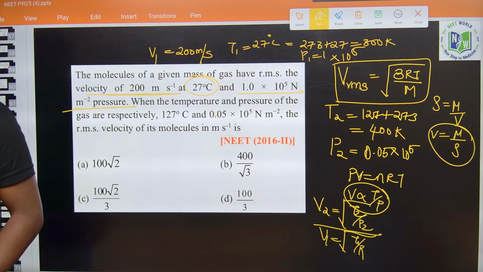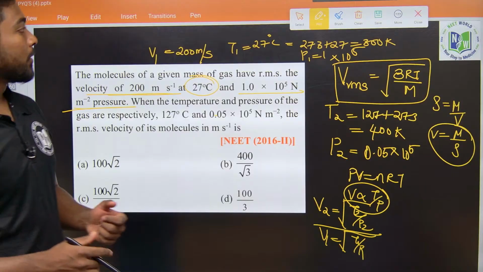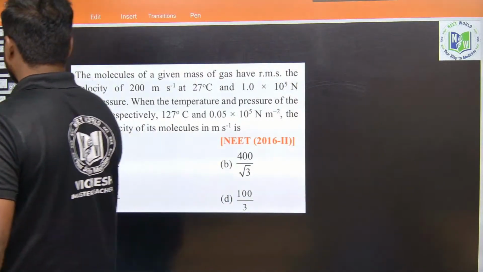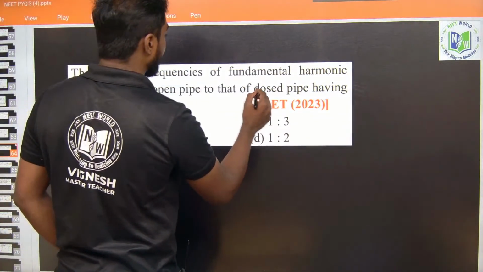Yes, we'll go for the next question. The next question is, the ratio of frequency of the fundamental harmonic produced by an open pipe to that of a closed pipe. This one is closed.